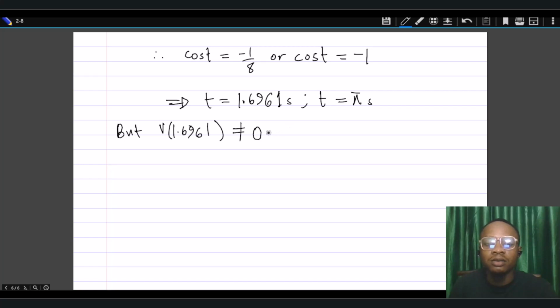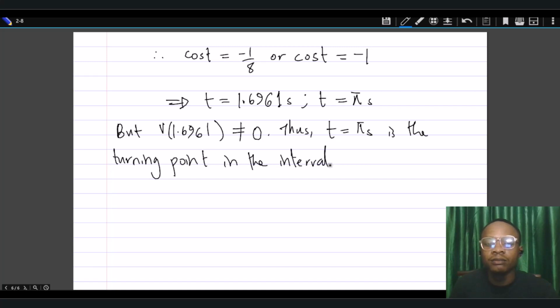Because of that, we now say that thus our t equal to pi seconds is the turning point required. It is the turning point in the interval 0 seconds to 5 seconds. So this is the turning point that we are interested in.